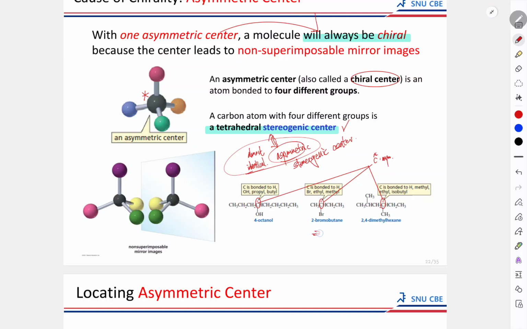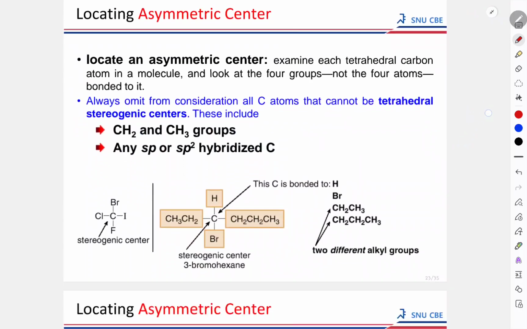Okay? You can rationalize why this carbon has 4 different substituents, of course. You can locate the asymmetric center. You can examine each tetrahedral carbon in a molecule and look at the 4 groups, the 4 atoms bonded to it. Okay, and there are some general features you can remember.